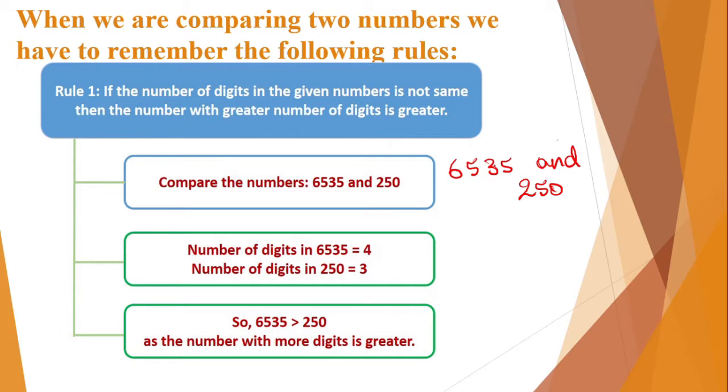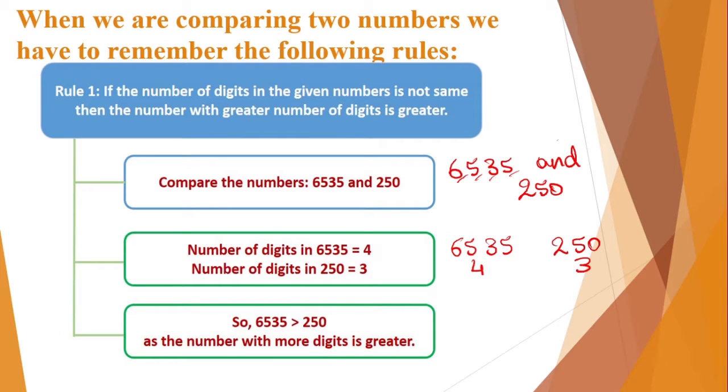So here also we should check the digits. In the first number we have 1, 2, 3, 4. So in 6535 we have 4 digits. And in 250, let's check it. 1, 2, 3. So we have 3 digits.